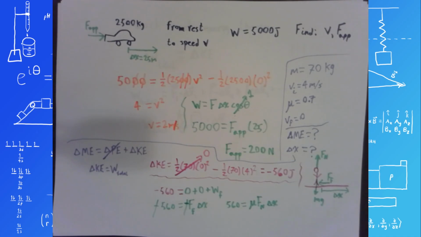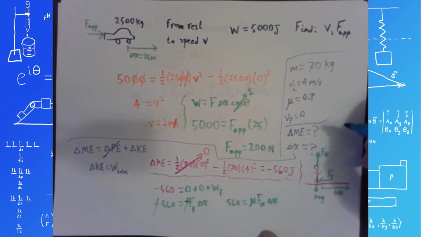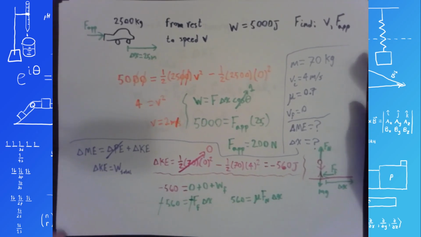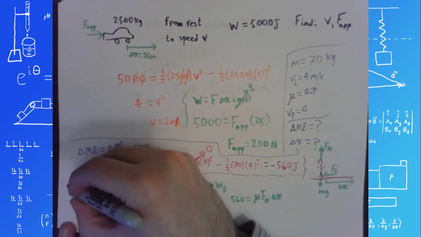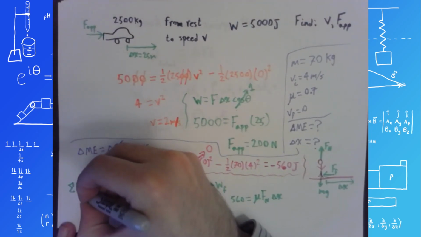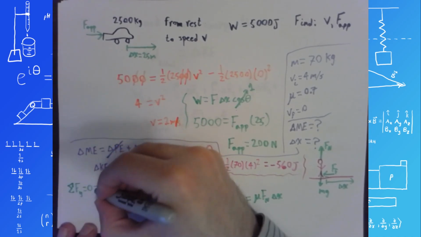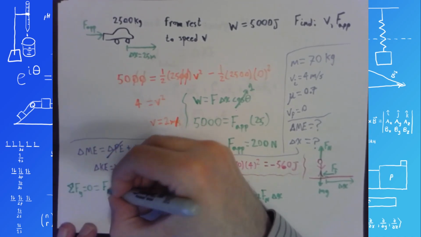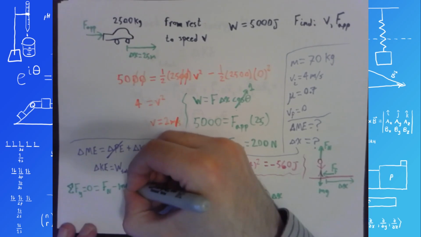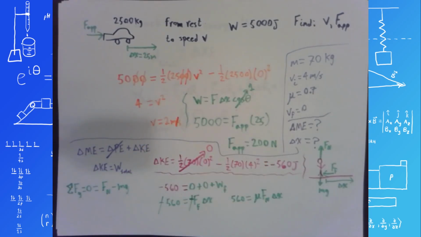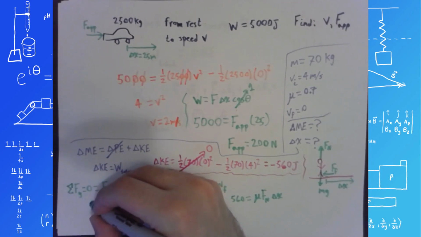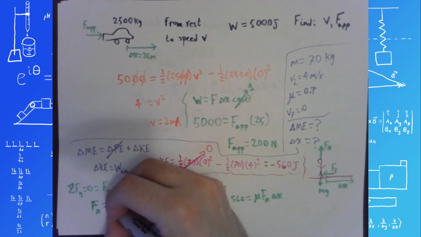And if acceleration in the vertical direction is 0, then net force in the vertical direction is also 0. So net force y equals 0 equals forces up, normal force, minus forces down, mg.